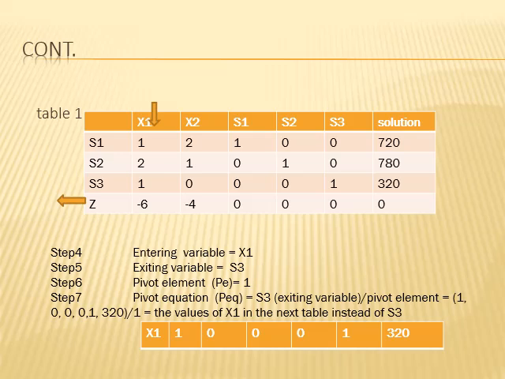Now, before the process of solution or the iteration, the left column consists of 3 variables, which are known now as basic variables. So our objective is to move non-basic variables to basic variables, replacing s1, s2, and s3.